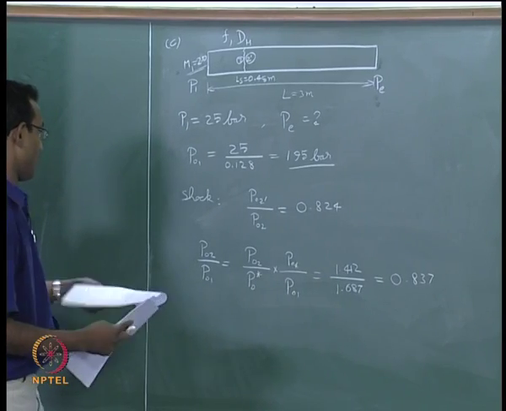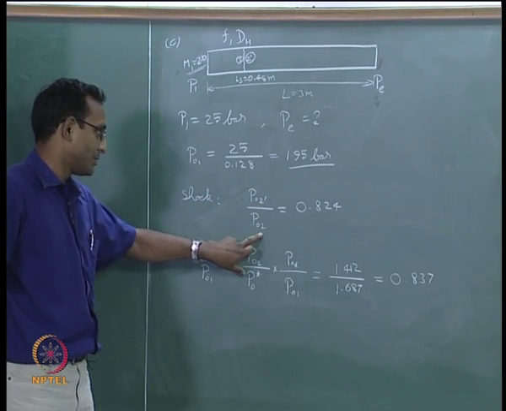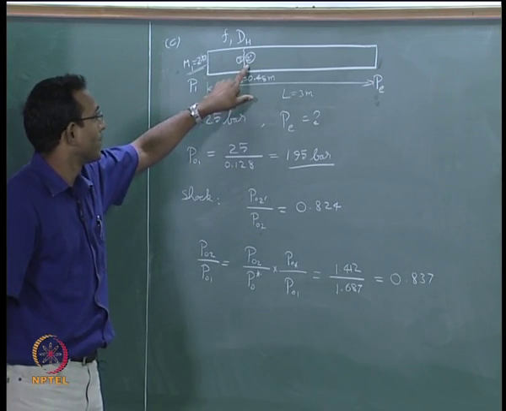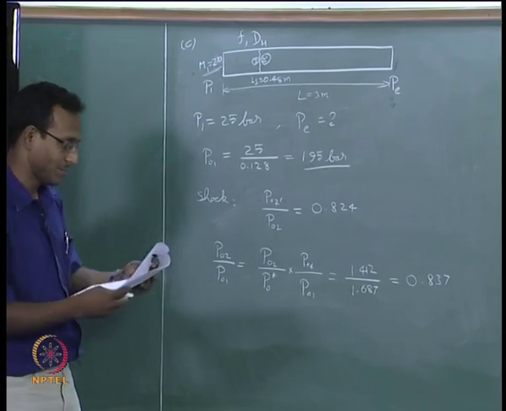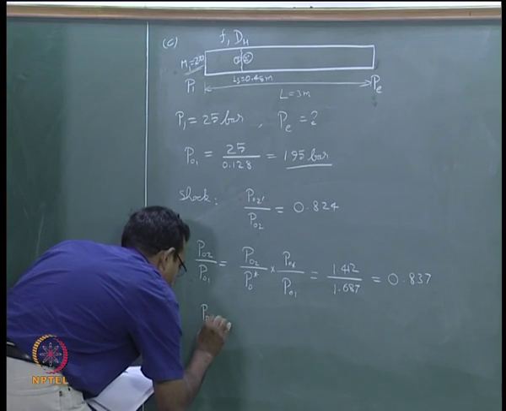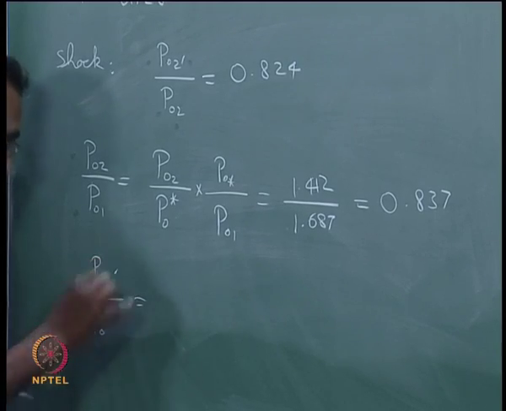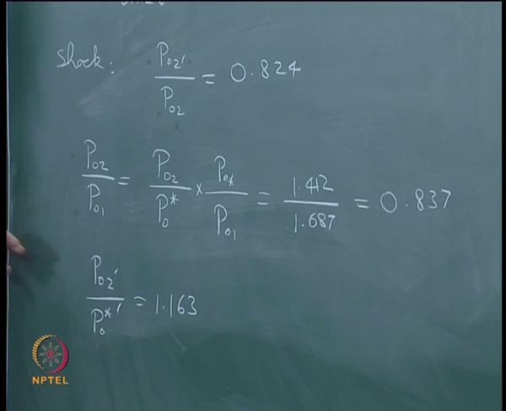Now look at these numbers. P02 prime by P02 I have, P02 by P01 I have, only thing left is P02 prime divided by P0 star prime, the downstream star value. I just have to find that value, P02 prime divided by P0 star prime, and that value happens to be 1.163. Now, if I multiply all these appropriately, I can get P0 star prime divided by P01.